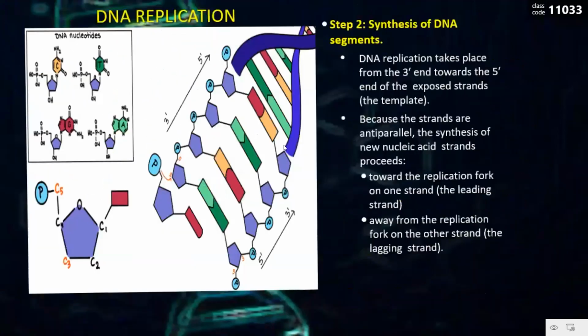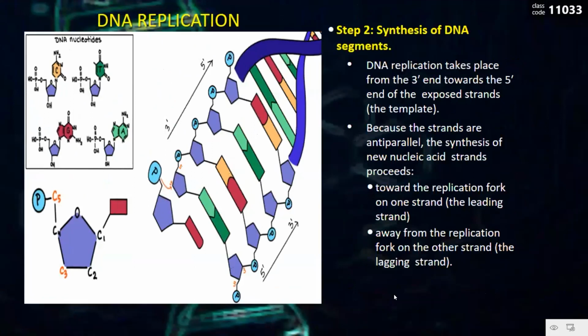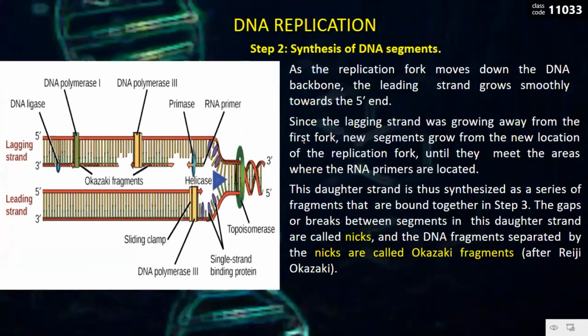So sa second step natin, kini-create kasi yung mga segments na yan. So different yung pag-create nila. Di ba nga kanina meron kayong na-observe na doon sa lagging strand is merong spaces?